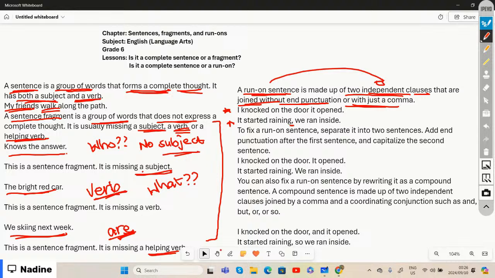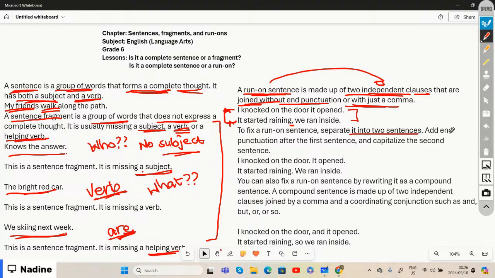And now we're going to try and fix our run-on sentences. Remember, a complete sentence has a subject and a verb. So if we look at these two sentences, I knocked on the door it opened, it started raining we ran inside, we're going to fix them. The first way we can fix them is by separating them into two sentences.